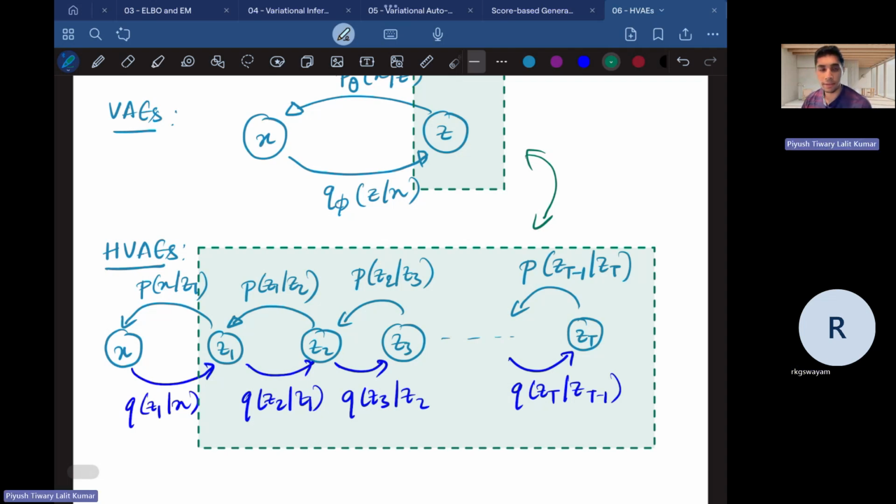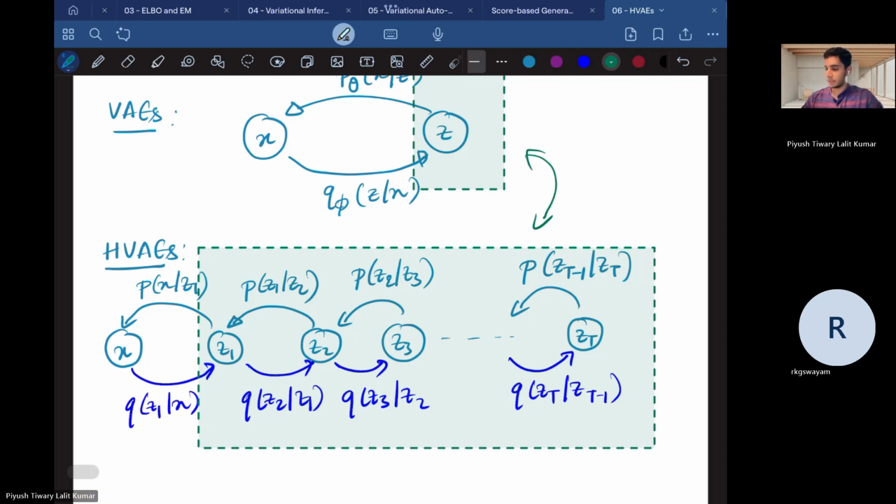So that will be like a higher order Markovianity, right? This is a first order Markovian model. You can have second order, third order Markovian models too. Possible. Fine.